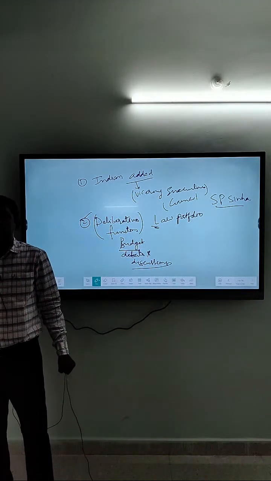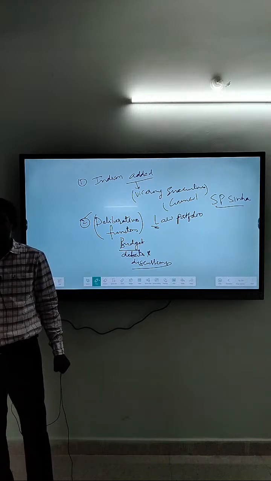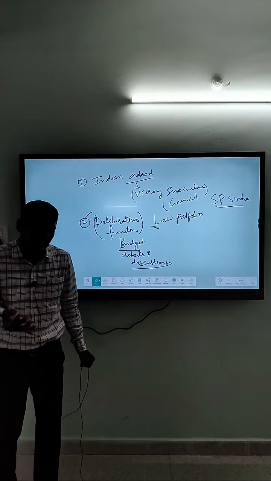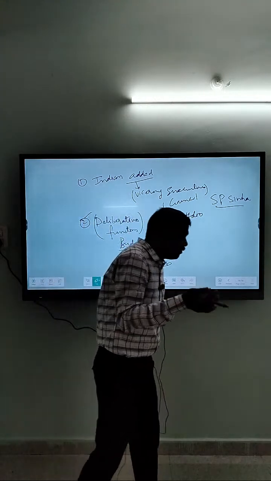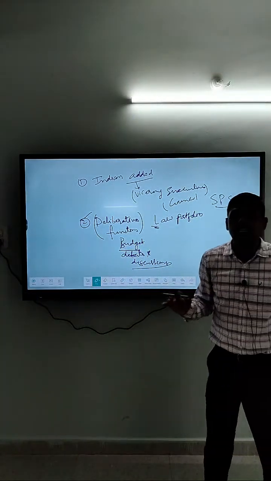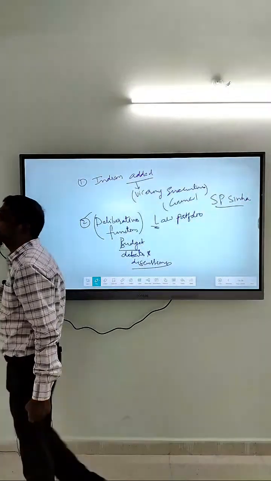Not only the budget, any important law, any important bill, a bill that the government thinks is prestigious or important, if it is not passed in the house, then it can be a ground to introduce a no confidence motion.